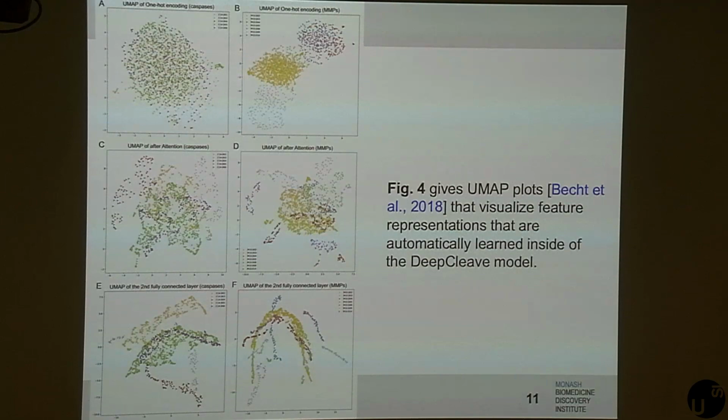This is the classification capacity comparison between different types of models or feature representations. With just very simple one-hot encoding, without building the deep neural network model, we can see that several different types of cleavage sites could not be well separated.